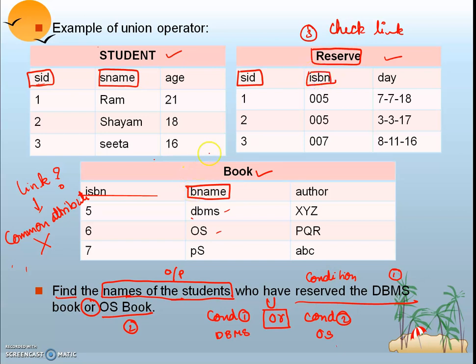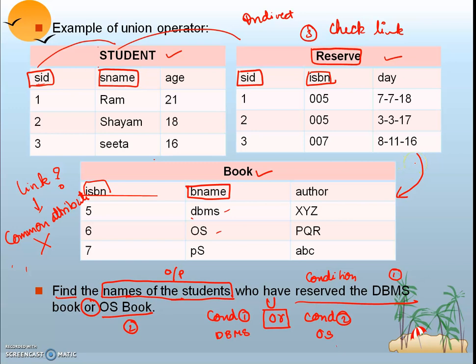So this SID is a common attribute between student table and reserve table, and ISBN is a common attribute of reserve table and the book table. So this is how it works, isn't it? That means though there is no direct link between student and book, I still have an indirect link existing between student and book through the reserve table. In simple terms, the reserve table is helping me to connect both the tables.